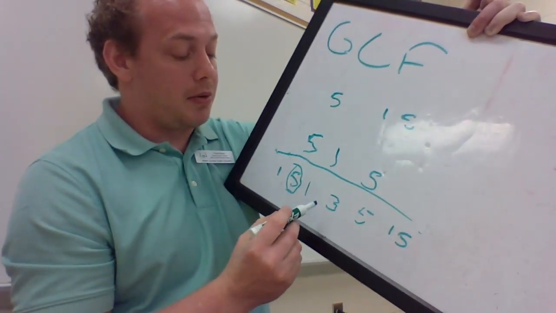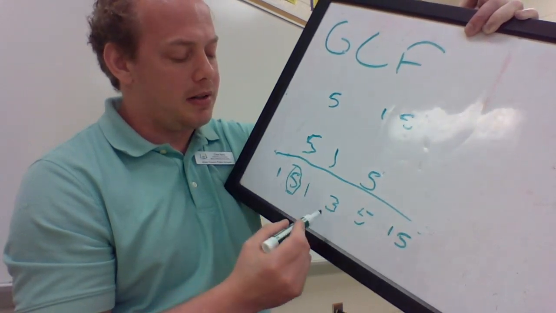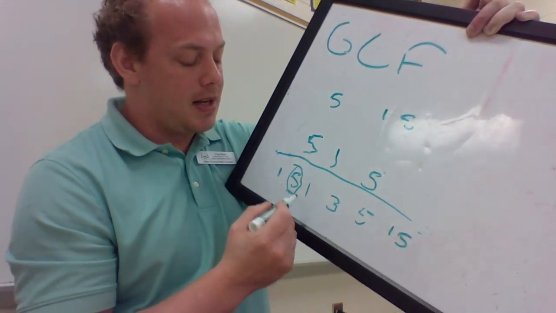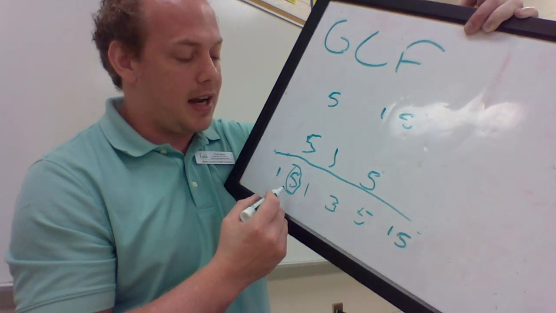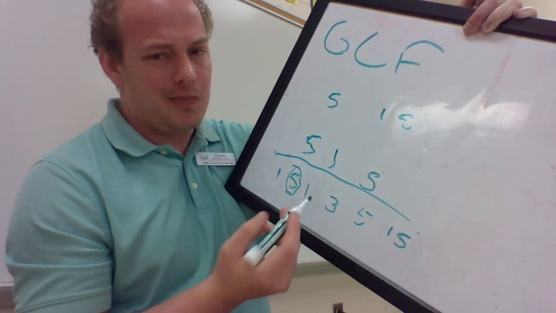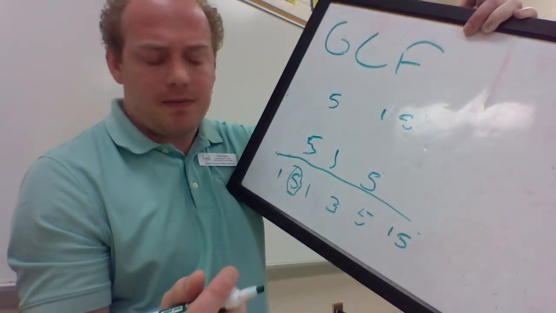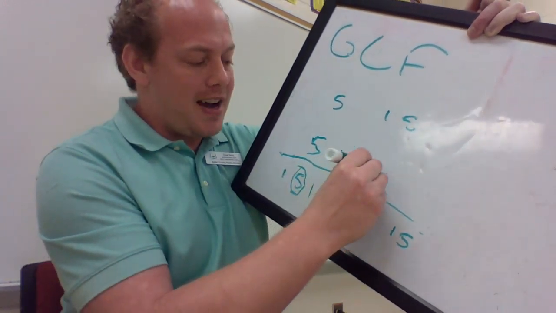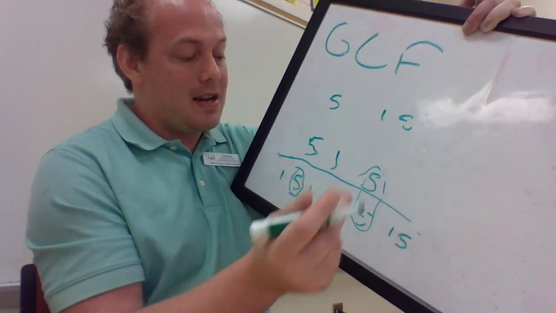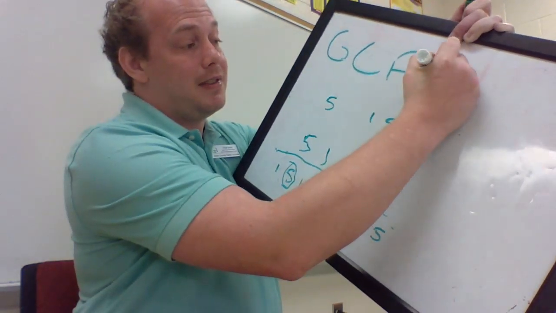Okay, so 3, 4 doesn't work. 5 is right there. 6 doesn't work. 7, 8, 9 doesn't work. So we're done. So what number do we have in common? 5. Right. So the greatest common factor is 5.